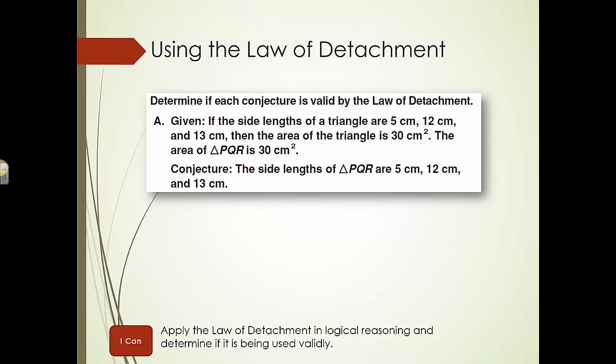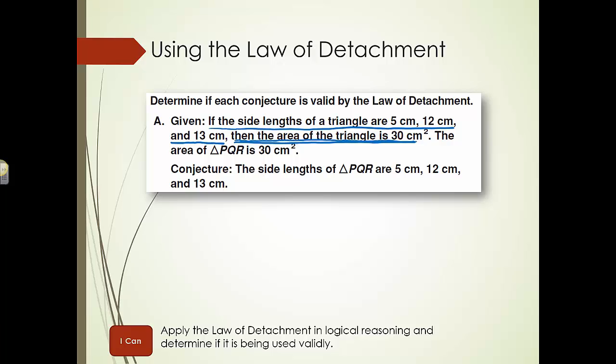This is my if P then Q. So if the sides are 5, 12, and 13, then the area is 30 square centimeters. Then they tell us that the area of triangle PQR is 30 square centimeters.